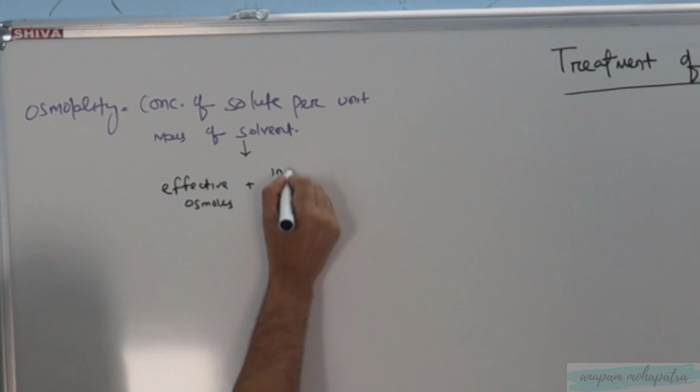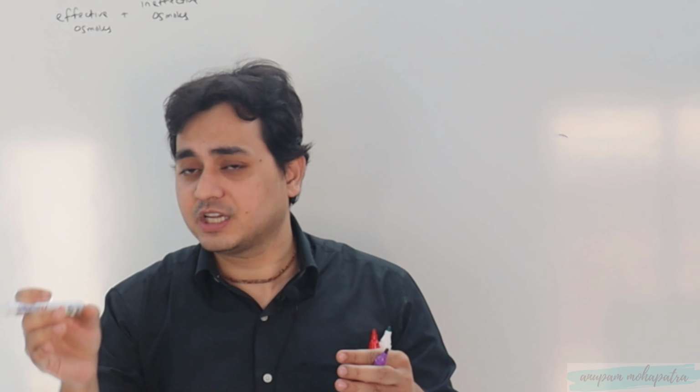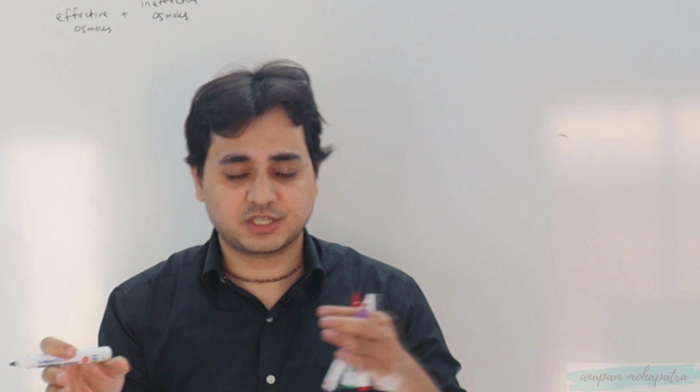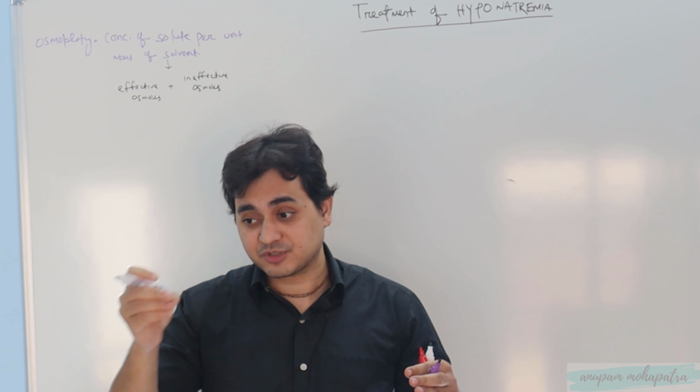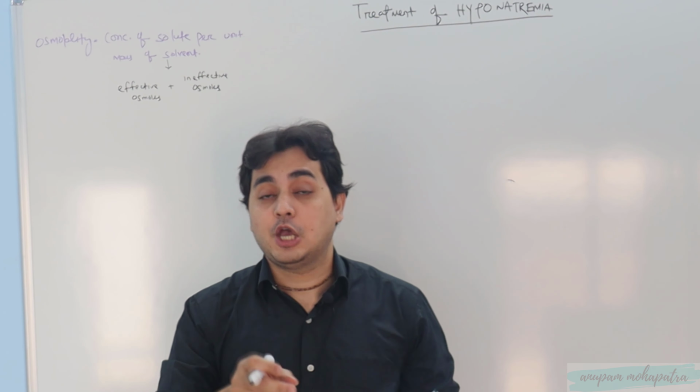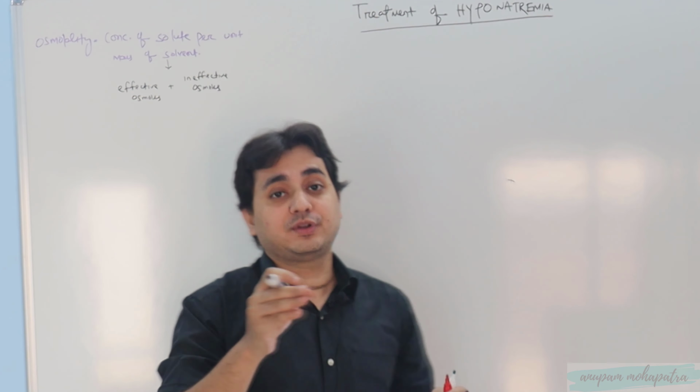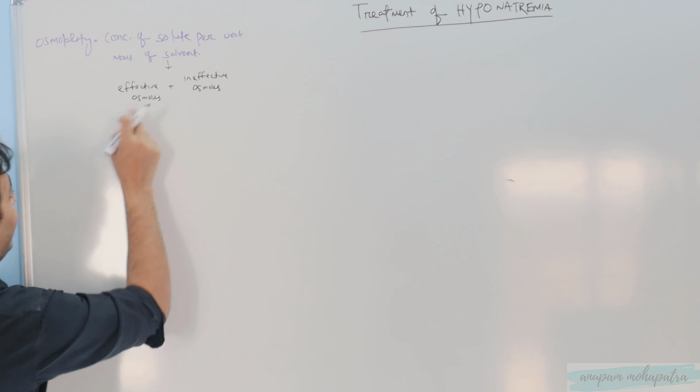Now consider two compartments separated by a semi-permeable membrane. There will be some substance in one compartment which can cross freely from one side to the other using the semi-permeable membrane, and there will be some substance which cannot cross freely. Those substances which cannot cross freely are called effective osmoles.